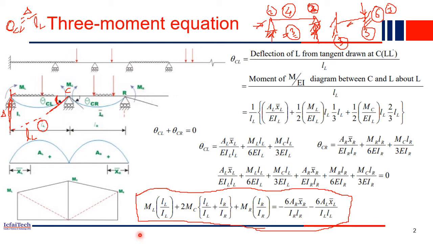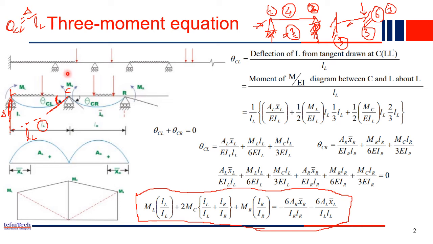So using the three moment equation, we can compute all the unknown forces and unknown reactions in a beam, and we can draw the bending moment and shear force diagrams. So please recall and remember this formula. This is very important, and that's how we derived it. What we did was use the compatibility equation. In reality, all structures are actually indeterminate structures.